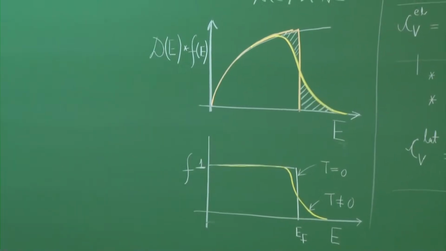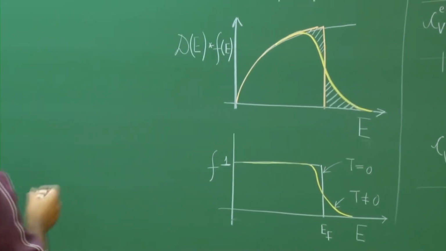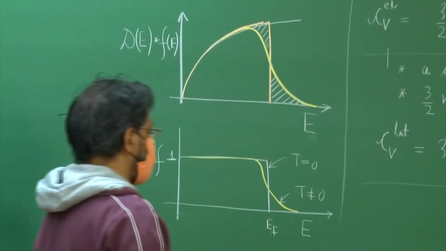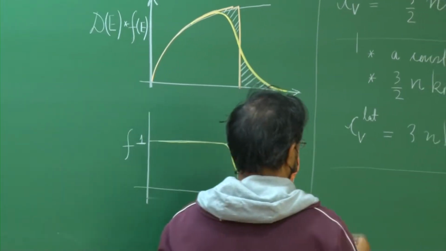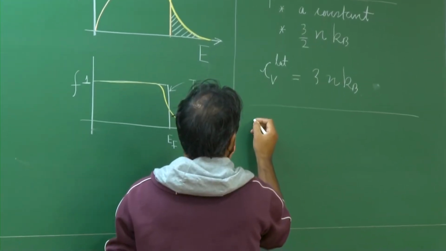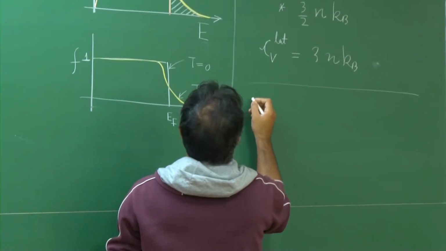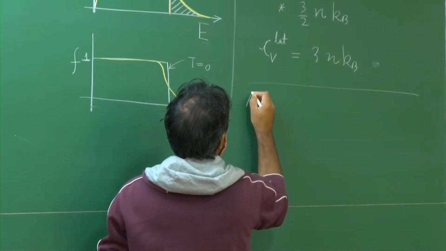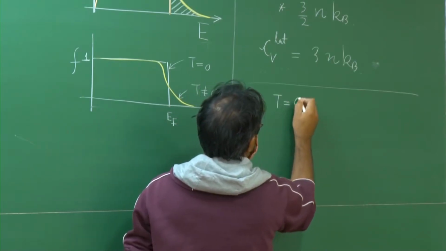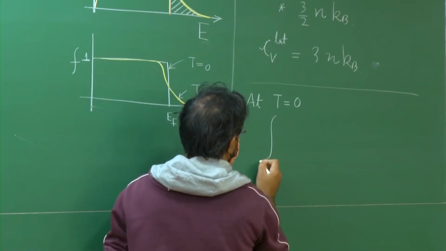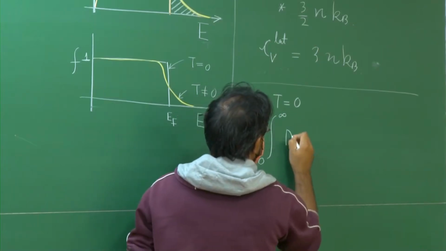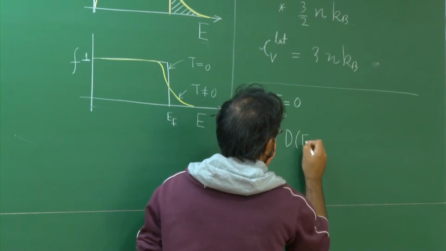So from here, if I ask you what this quantity should be: at T equal to 0, I am integrating D(E) F(E) dE from 0 to infinity.